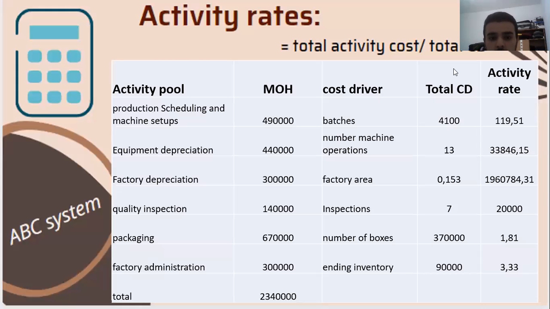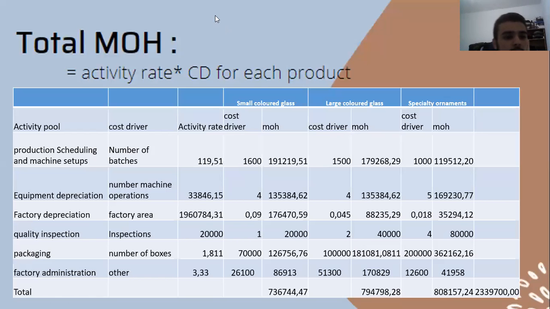After that, we calculated the activity rates, which is total activity cost over the total cost driver. For each activity pool, we have its particular cost driver, and we did the calculation, and we found the activity rate for each activity pool. In the last part, we will be calculating the total MOH for each product.